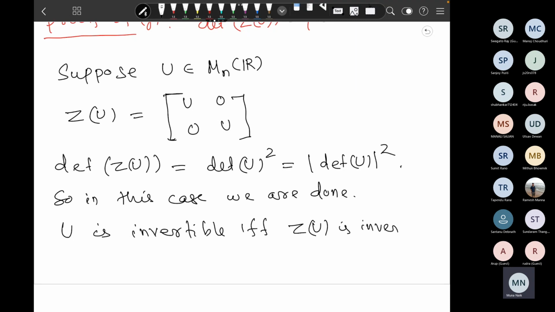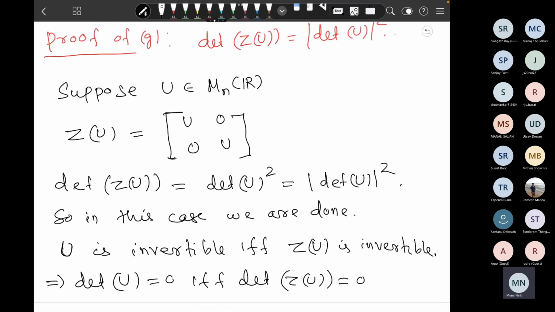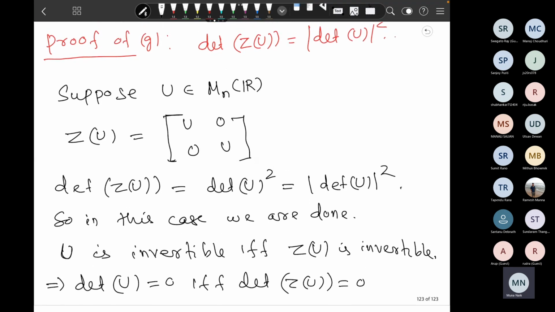You can argue this in various ways. From there, you get that U is invertible if and only if Z is invertible. So the determinant of U is equal to 0 if and only if the determinant of Z is equal to 0. In this case, the relation also holds trivially.